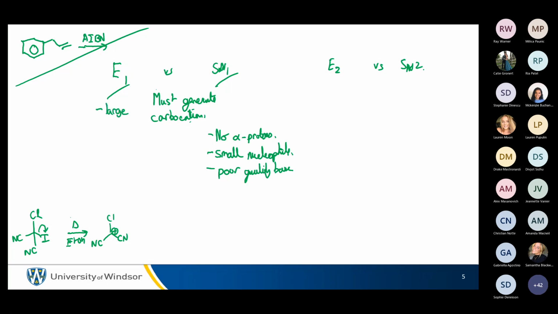large nucleophile. So if your nucleophile is large, then you're far more likely to do an E1 because it's much less likely to be able to get to the carbon because the carbon is hindered by all the adjacent carbons.